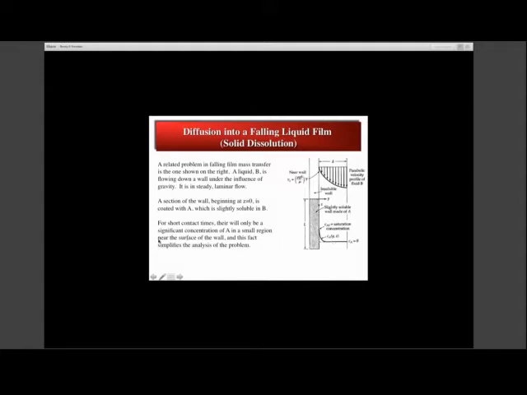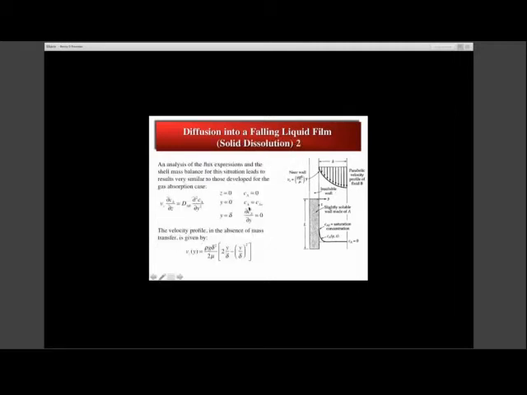And so we will again work this problem like we did with gas absorption in the falling film problem. We'll work it in the limit of short contact time, so that you can see the comparison between the solutions worked under similar conditions. And so if we consider this problem and you analyze the flux of A into the liquid, you get results that are very similar to that we developed for the falling film problem.